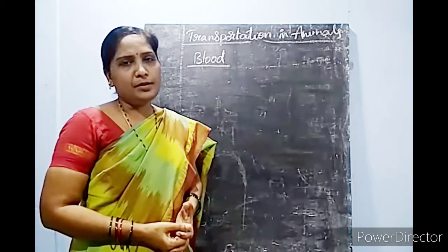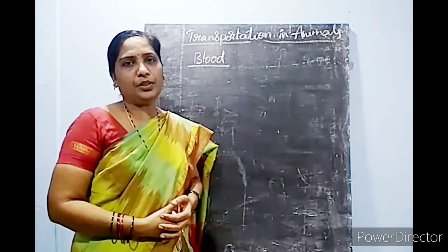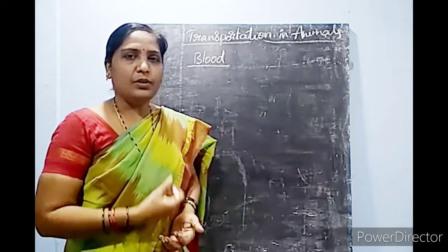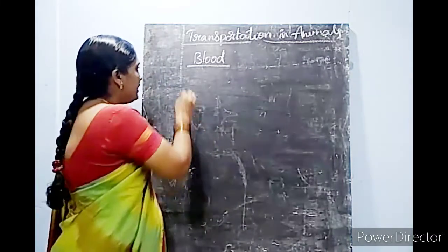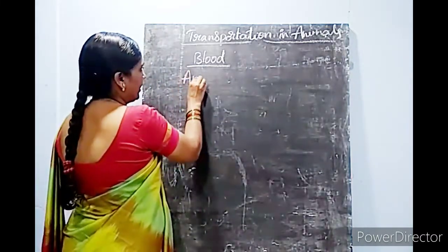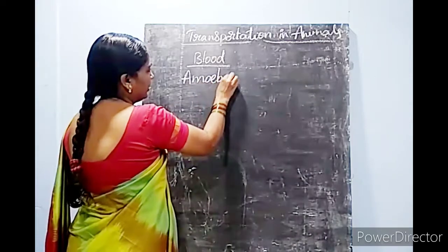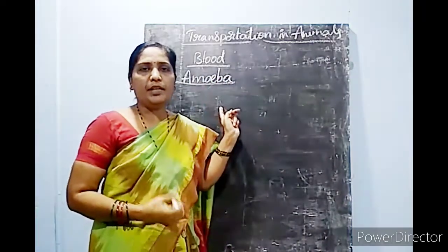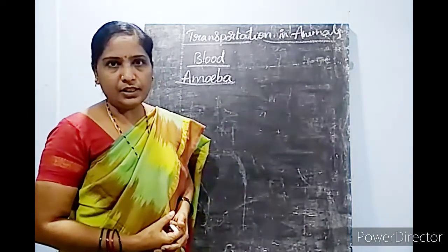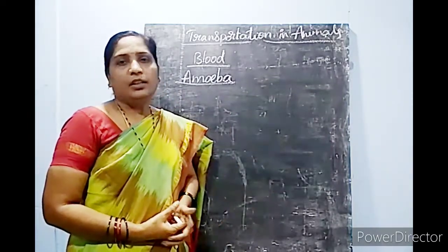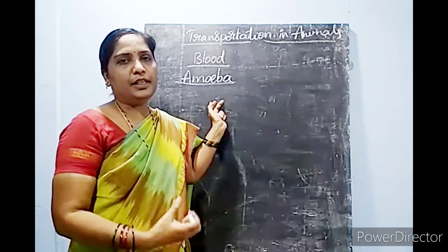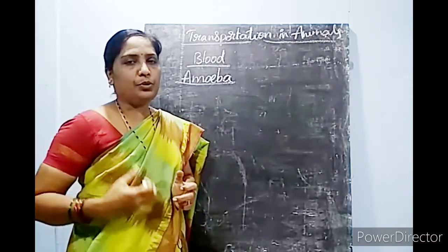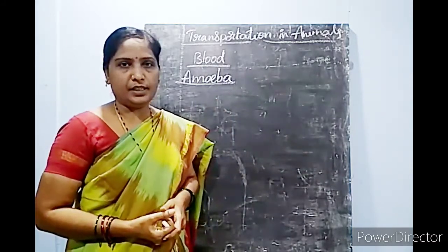Now, do all the animals have blood to transport the necessary materials? For example, if you take single cell animals like amoeba, you had seen amoeba in the respiration lesson also. It doesn't have blood to transport the necessary materials.